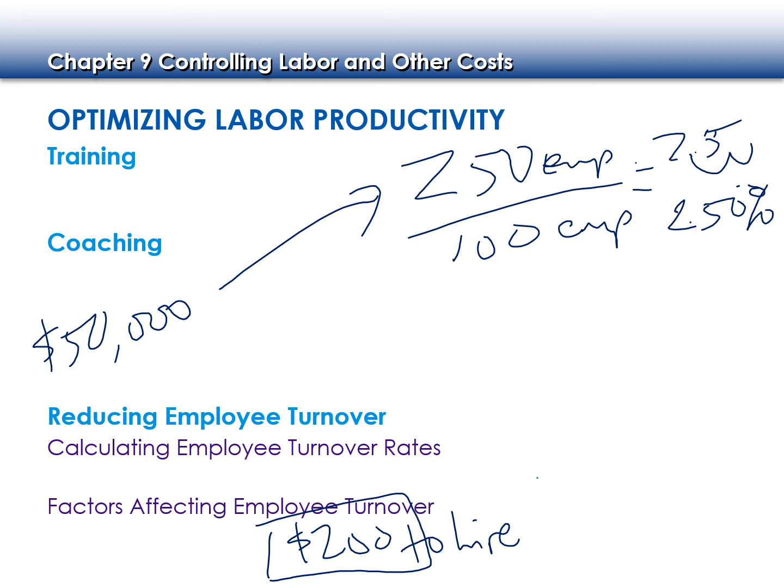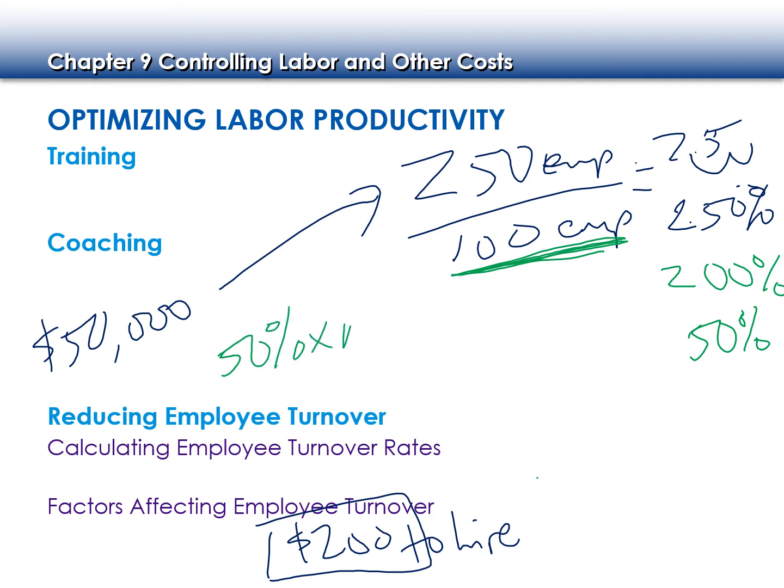But what would happen if, I'm going to use a different color now, we were able to decrease this to 200%? Okay, so the difference between 250 and 200% is 50%. If it takes me 100 employees to operate my restaurant, then 50% times 100 gives me 50 employees.